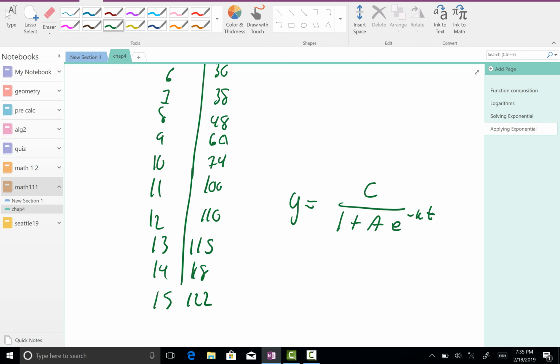So now I'm going to type in that logistic. So I'm going to go C divided by parentheses. Let's put it down there already. 1 plus A times E to the K X1. All right?